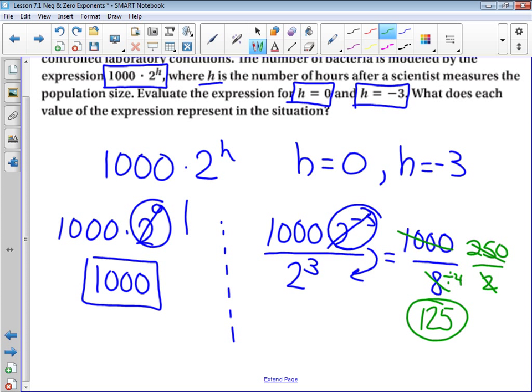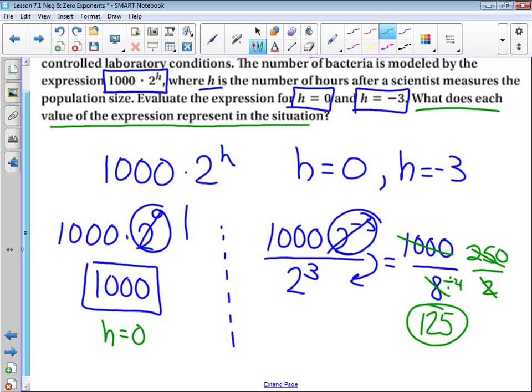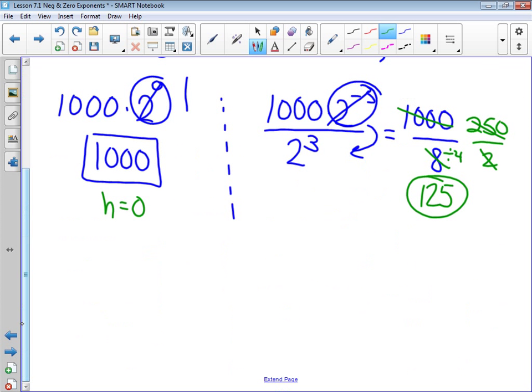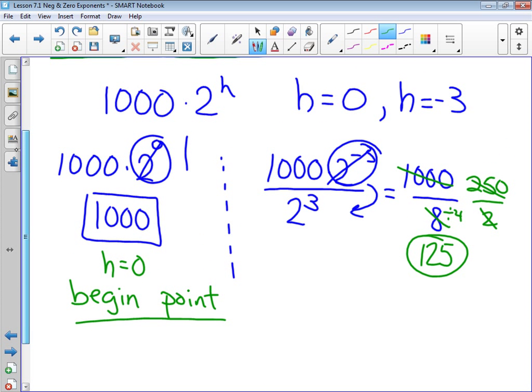And that's it. Now the last part of this problem says what is the value of the expression represent in this situation? Well, if h equals 0, how many hours has it been since the scientist measured the first population size? 0. So h equals 0 means that's kind of the beginning point. In the second one, h equals negative 3.